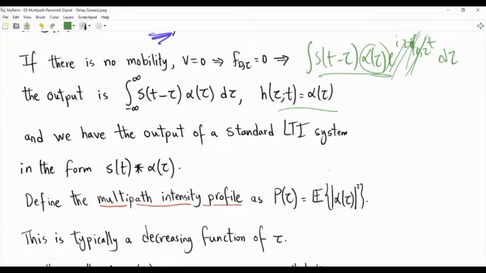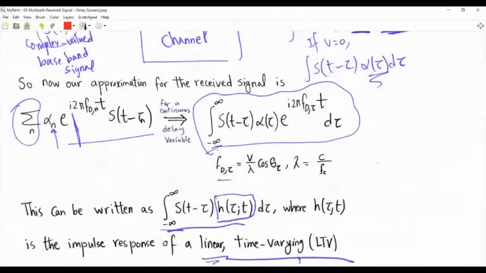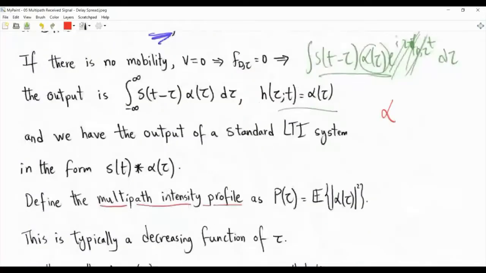Because these things are modeled as random values. So let's write this explicitly: alpha and the angle theta in this definition are modeled as random values, with certain distributions, and we will see this in the coming lectures.